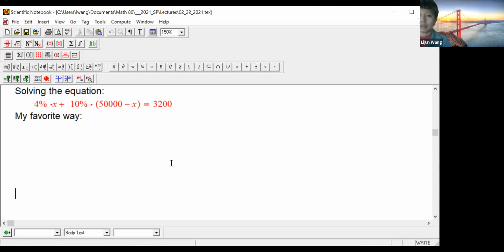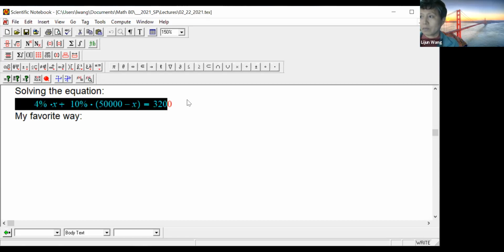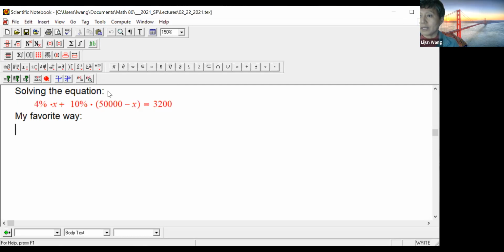So I like to use fractions, and I'm going to show you my favorite way to do it. I understand that 4% is the same as 4 over 100, and 10% is the same as 10 over 100. This is on my scratch paper.